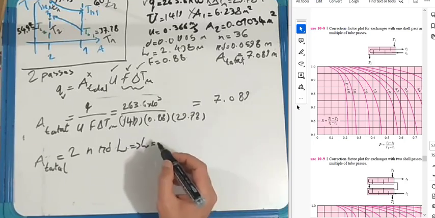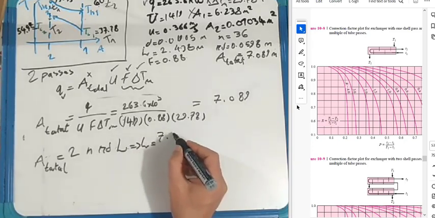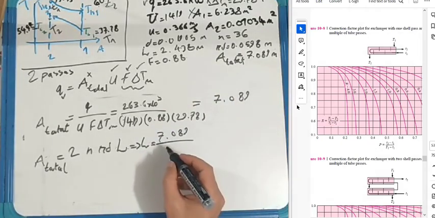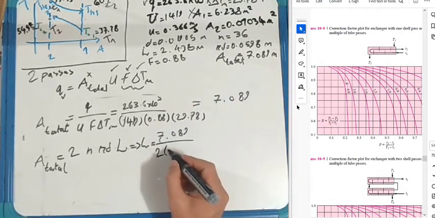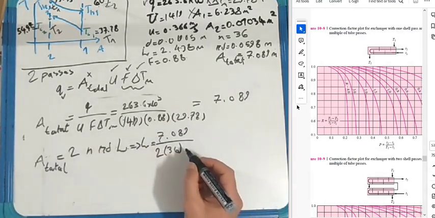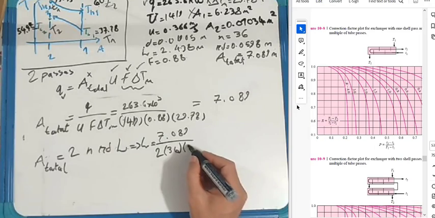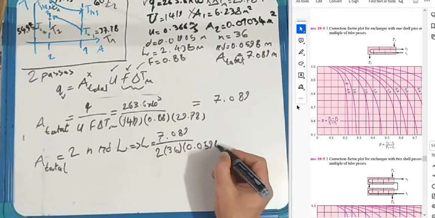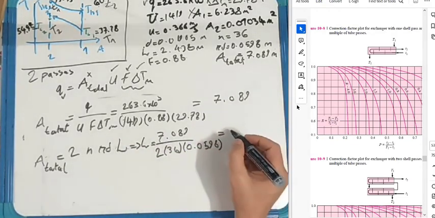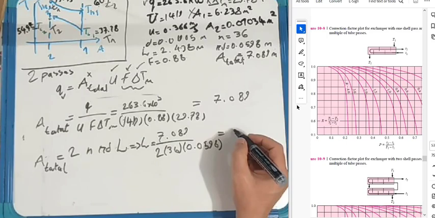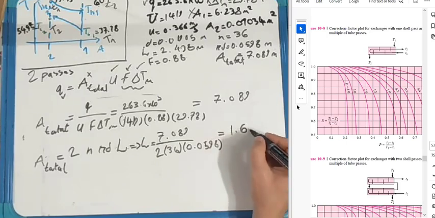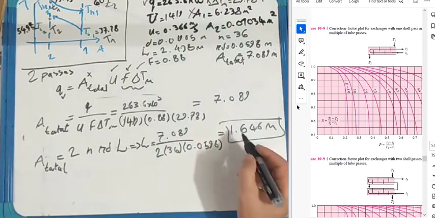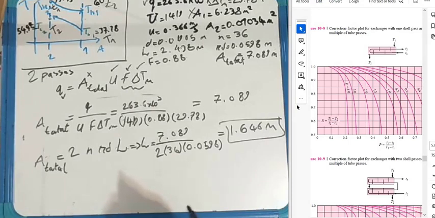Then L will be 70.89, which is A total, divided by 2, 36 is n, and PD is 59.8 meter. L will equal 1.646 meters. We can see that this L is smaller than the restriction.